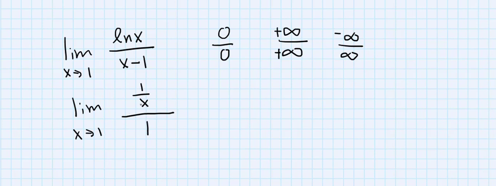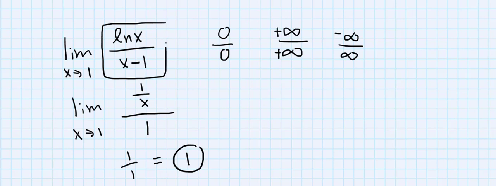And you plug in 1 and see what you get. Well, you get 1 over 1, which is 1. And that will be the limit. And this is a good time for you to graph this on your graphing calculator and see what happens as you approach 1. You'll notice that the y value that it approaches is 1.